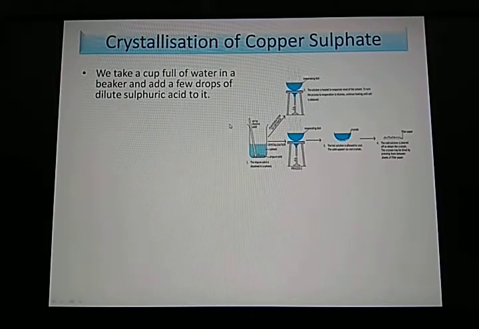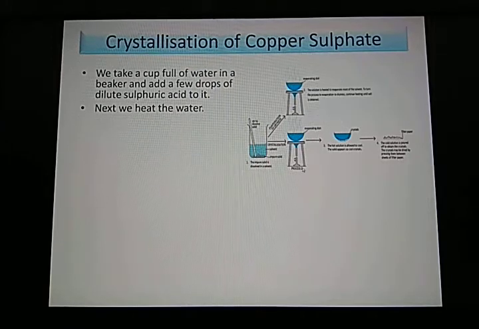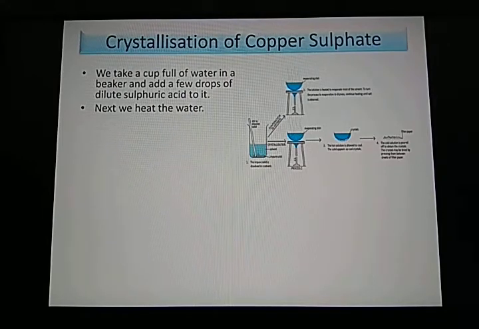Then after that, we have to heat it. We'll put it on a tripod stand and fix a wire gauze here, and above it we have to put a china dish, or evaporating dish. In that dish we have to pour this solution, this homogeneous mixture, and then heat it with the help of a Bunsen burner.